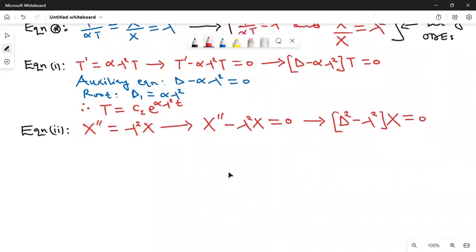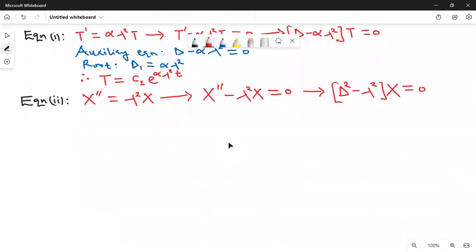Our auxiliary equation is the coefficient of x equated to 0 and find the roots. So again here, our auxiliary equation is d squared minus lambda squared is equals to 0. What about the roots? Let's make d the subject.